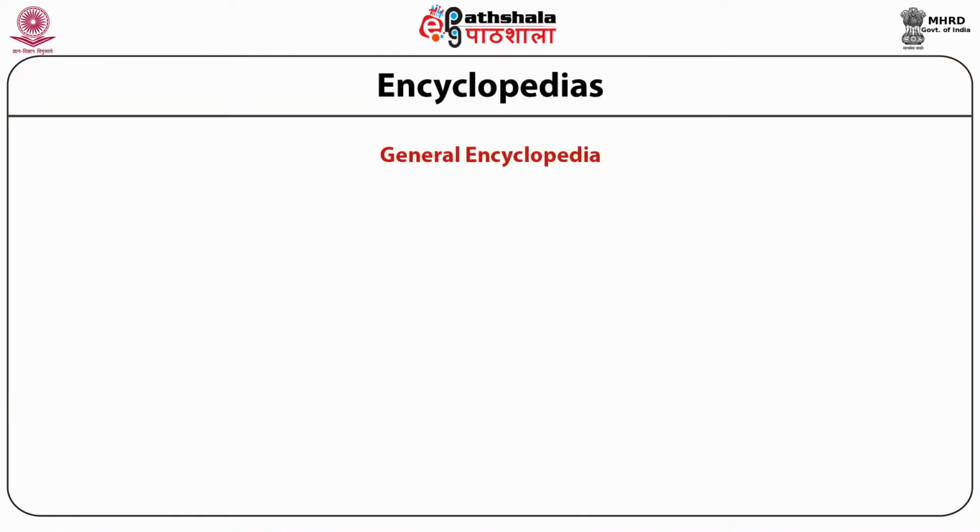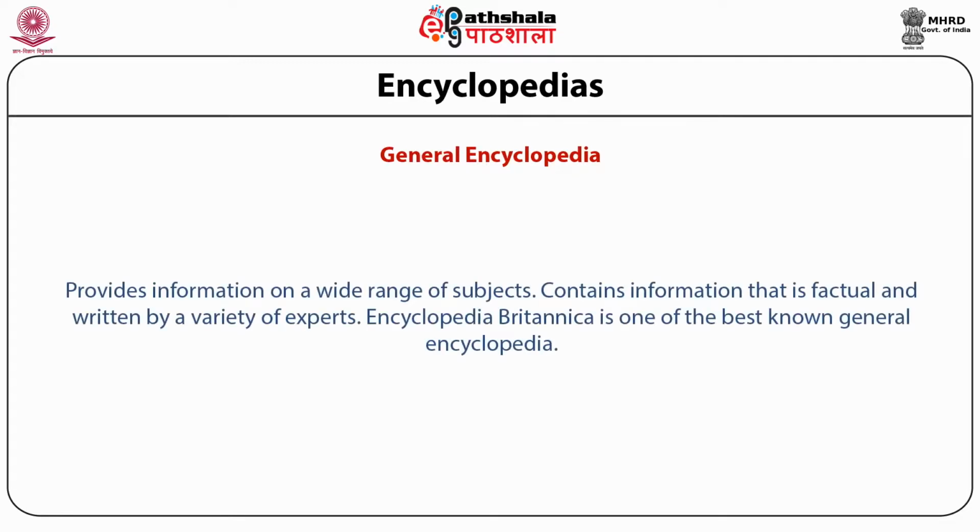General encyclopedias. General encyclopedias provide information on a wide range of subjects, unlike a subject encyclopedia, which is domain specific. These contain information that is factual and written by a variety of experts.